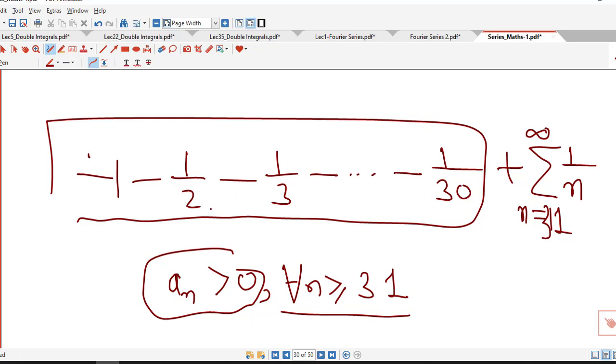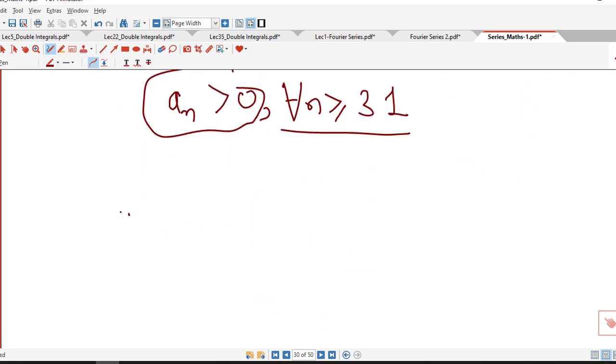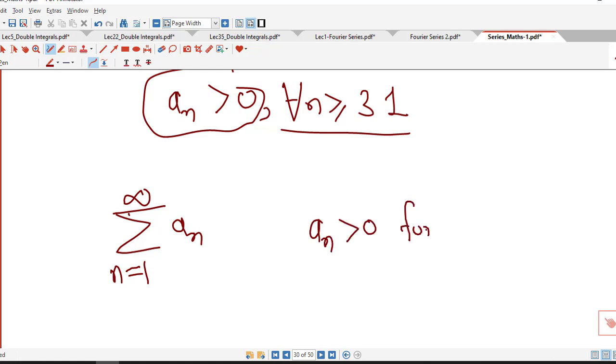A finite number of negative terms are allowed, but ultimately what is required, if we want to apply the integral test, is that a_n must be positive for all n greater than some fixed number, say capital N. In this case our number is 31.